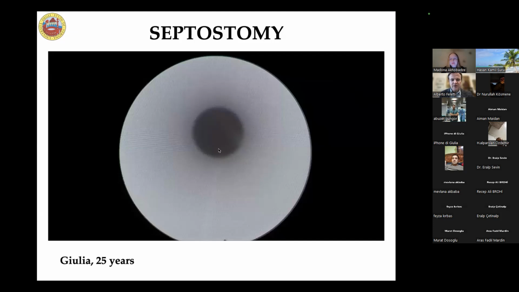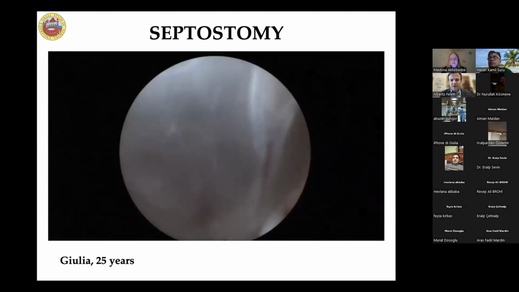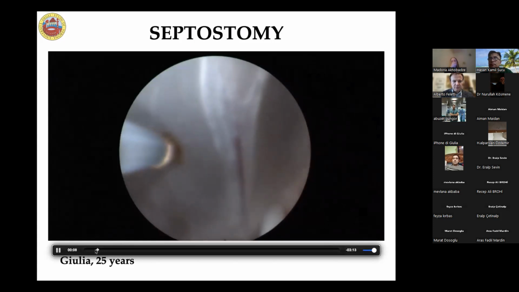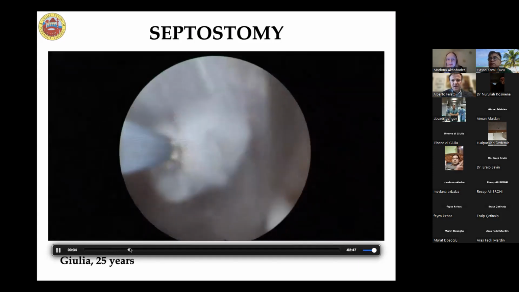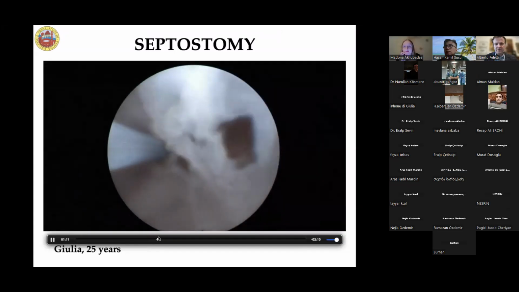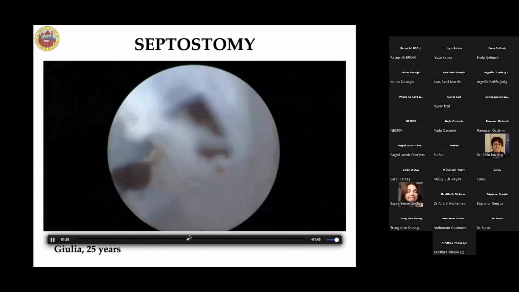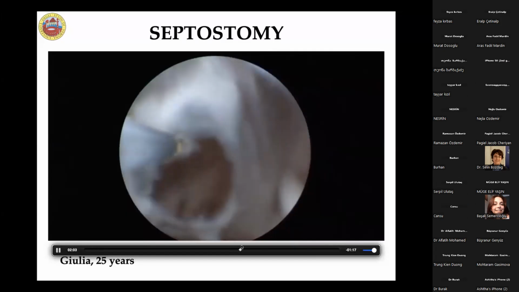And we can do some quite easy, I would say, operations in the lateral ventricles, like septostomy, for example, when one of the two lateral ventricles is blocked, we can just insert a rigid or flexible endoscope and make a hole in the septum pellucidum, like I'm doing in this case of a 25-year-old girl with a monolateral Monroe foramen stenosis.